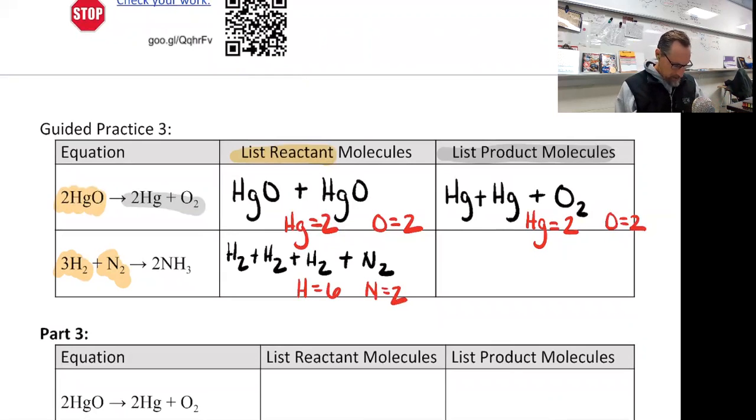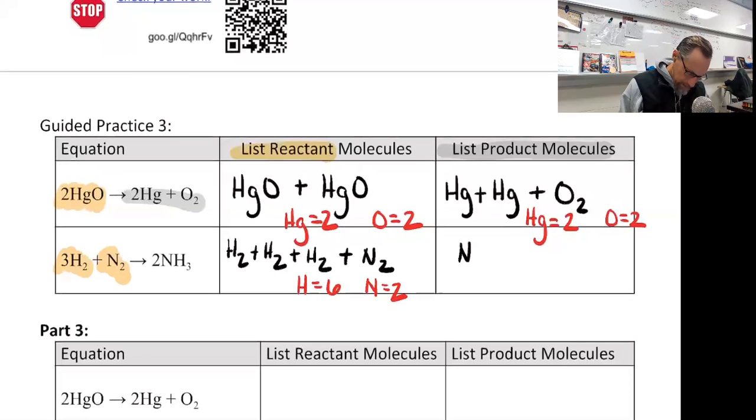Okay, let's go ahead and take a look then on the product side. On the product side, you can see that nitrogen and hydrogen have now combined. And so that would be NH3 added to NH3.